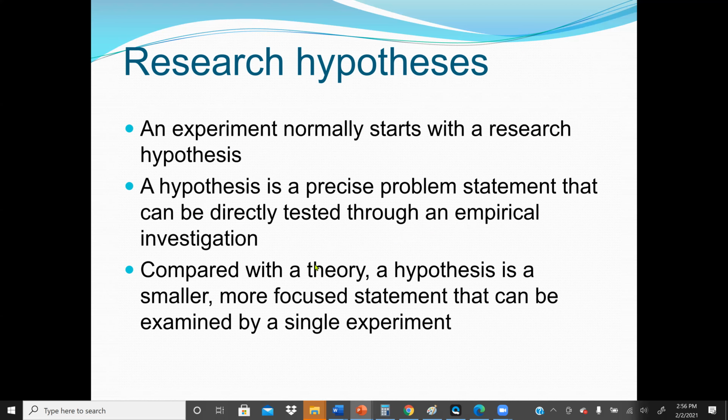And hypothesis is again very small in terms of the general objective of the research. So it will be a more focused statement that can be examined by a single experiment, like using the test statistics, we test the null hypothesis only once. The result we get on P, either we are going to reject or we accept the H0.